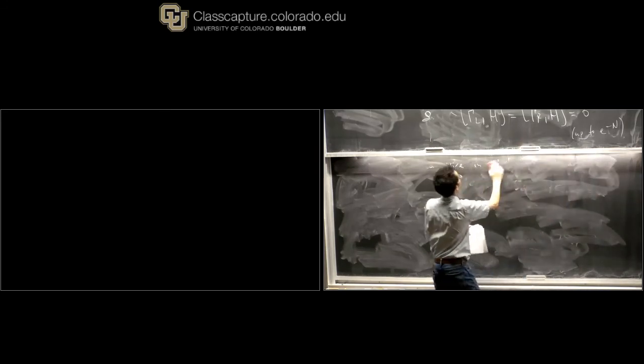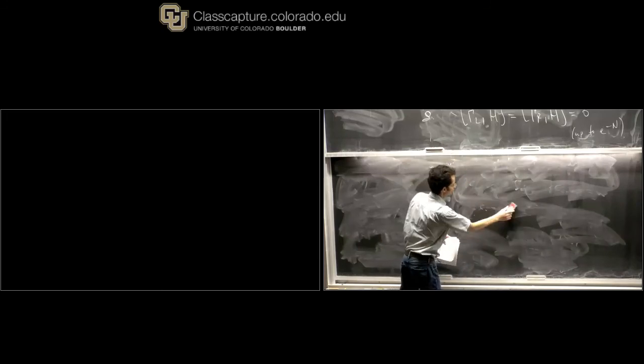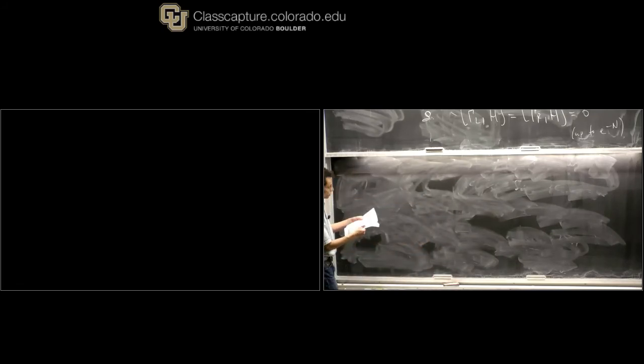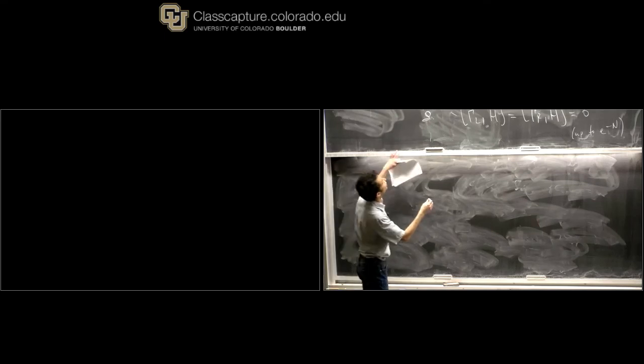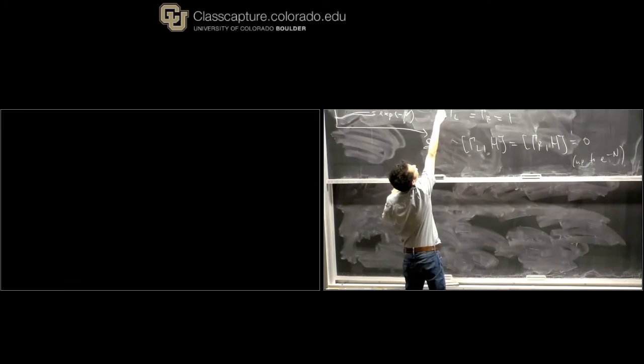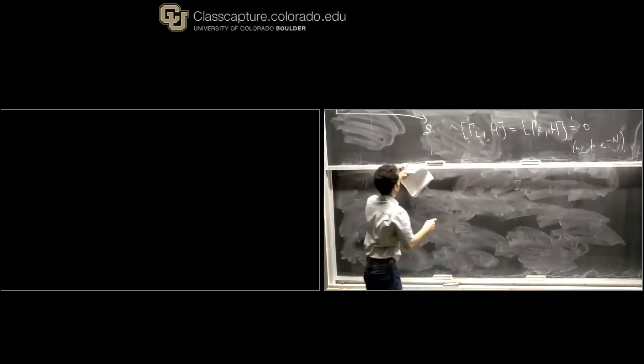If H is local and gamma factorizes into something acting on the left and right sides, then the left and right sides individually commute with H. So how do we see this from the top line?